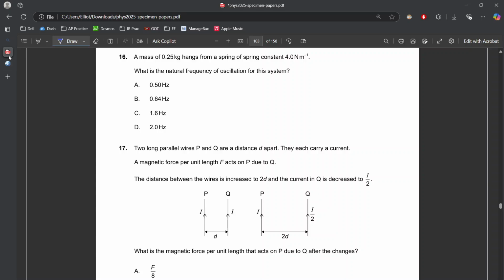Okay, so moving forward. A mass of 0.25 kilograms hangs from a spring. What is the natural frequency of oscillation of the system? Wow, I don't remember the term natural frequency. I'm just saying how long does it take to repeat. I'm going to say T, so 1 over T, I guess. Let's check the almighty data booklet.